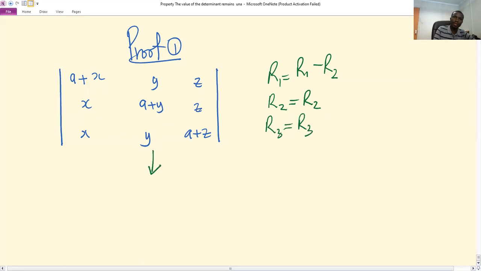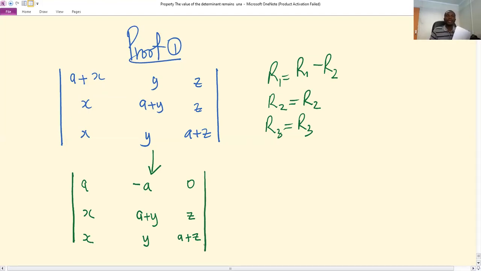Then this determinant will have a, minus a, 0 on the first row; then x, a plus y, z; and x, y, a plus z.